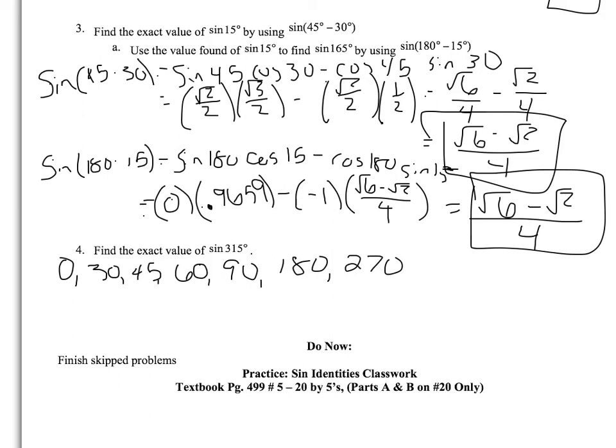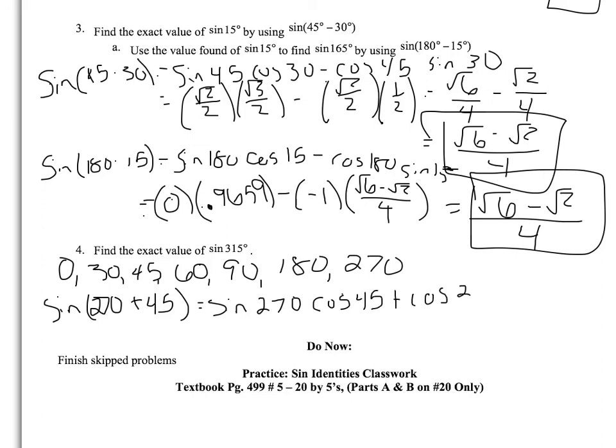In this case, I know 270 and 45 add to 315. So, using my sum identity now, since I had to add, it's going to be sine 270 cos 45 plus cos 270 sine 45.